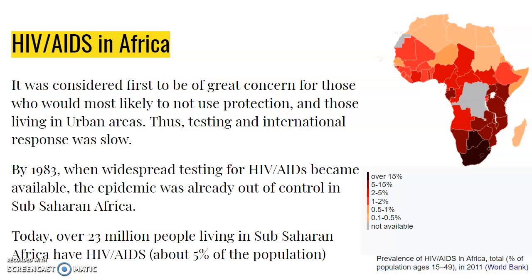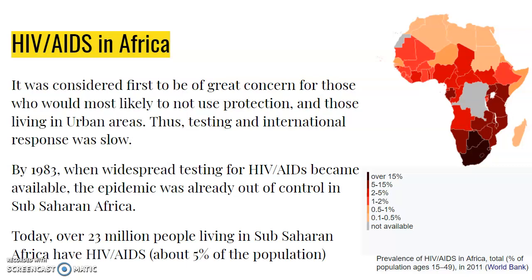AIDS in Africa. Why are there so many more people living in sub-Saharan Africa who have HIV? HIV developed in this region, and it is assumed that there were so many people infected by the time people started keeping track of data on HIV/AIDS.